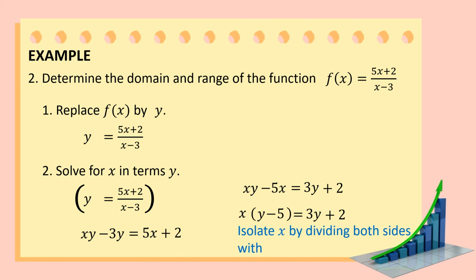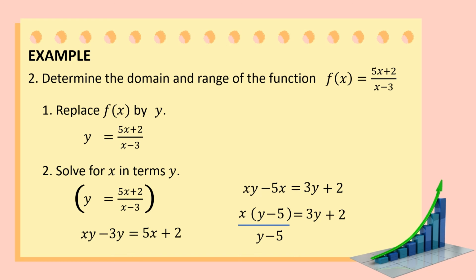Now you isolate x by dividing both sides by y minus 5. x multiplied by the difference of y and 5 will now be divided by the difference of y and 5.